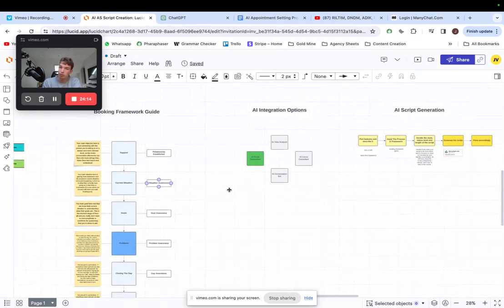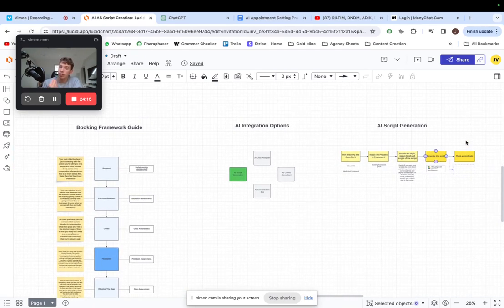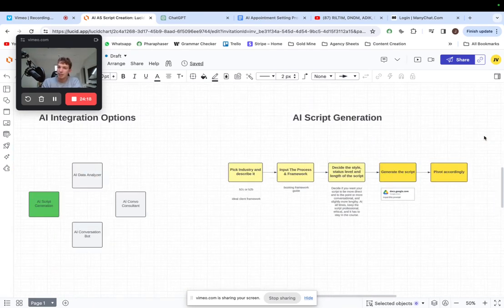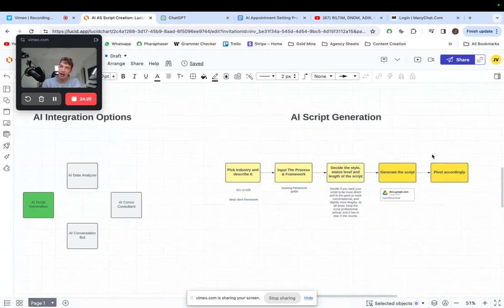If we're looking for GPT to generate a script, we need to give as many examples and as much info about how we want the script to look and how it should be done, for GPT to be able to generate a good script that we can use. Because the last thing we want is for GPT to generate a script that's not even going to be useful, and all this information is going to be for nothing. So those two steps are very important.